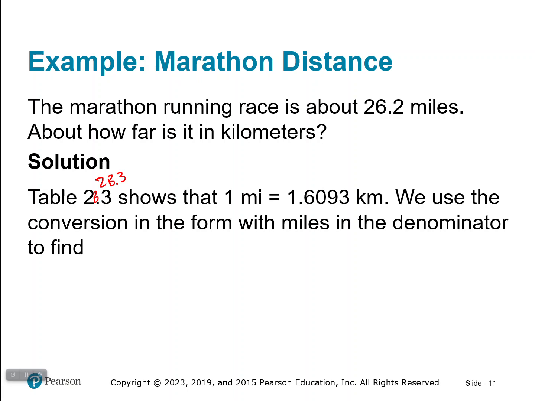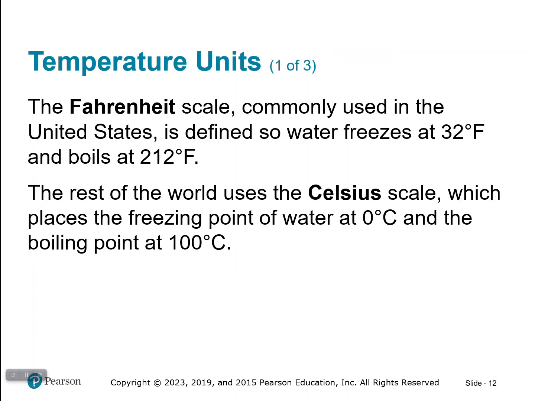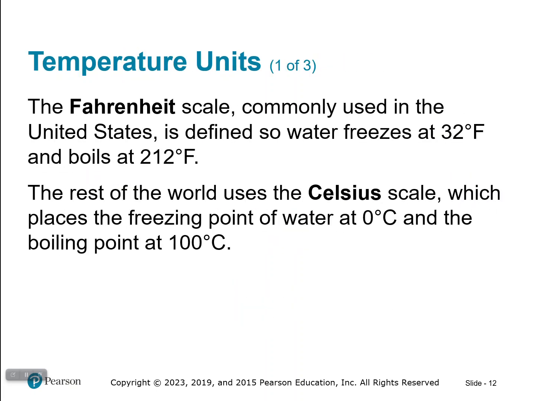We use the conversion in the form with miles in the denominator, right? The race is 26.2 miles. I need to cancel out miles, so miles will go in my denominator. And I'll multiply 26.2 times 1.6093. I'm doing this on my calculator for sure, right? And it should be 42.2 kilometers. Whoop, there we go. Excellent.